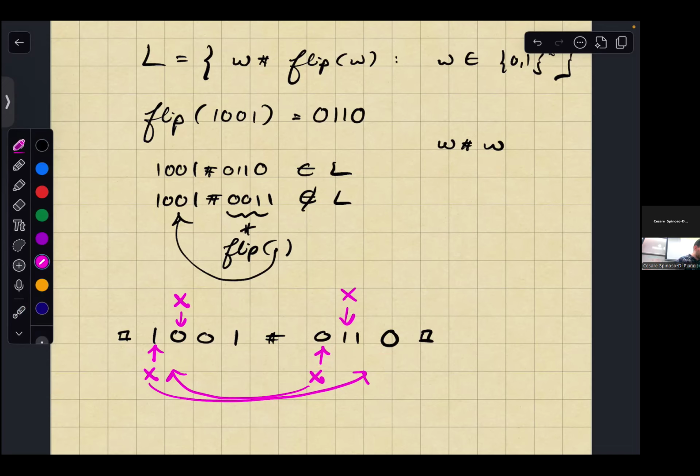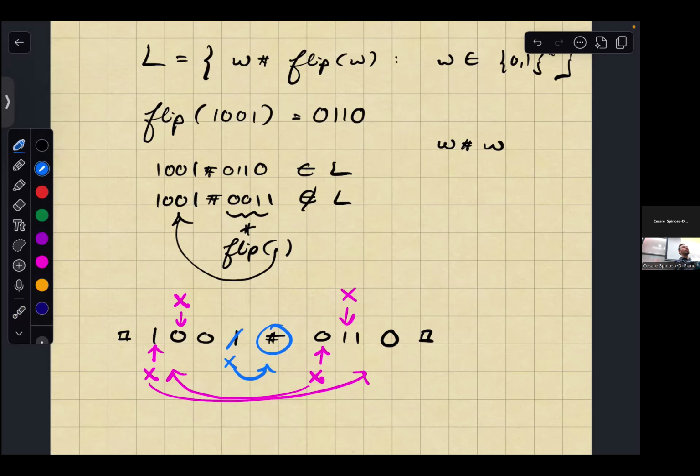I keep this going until the stopping condition. I mark this 1 with an X, I've marked this 0 with an X, and I loop back. Then this has been marked with an X, and I'm looking for the next thing to mark. I move right, and I see a hash.